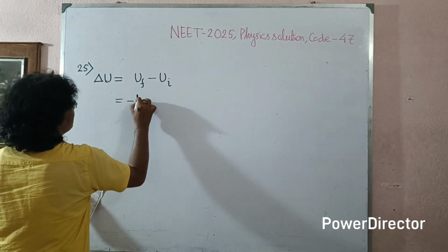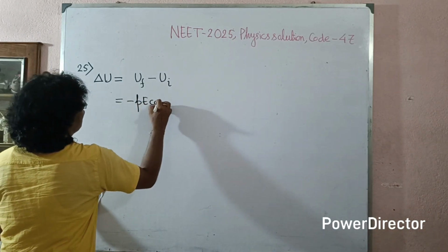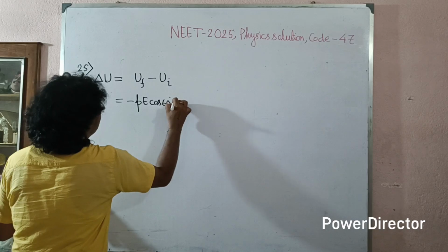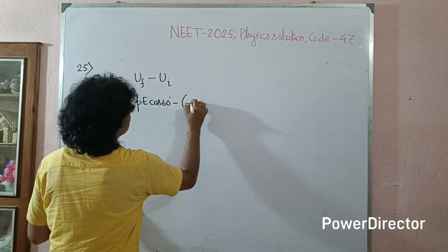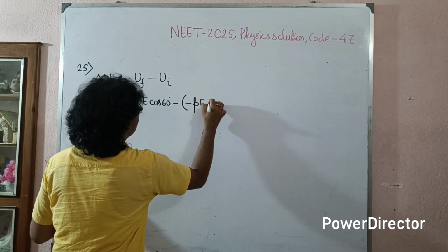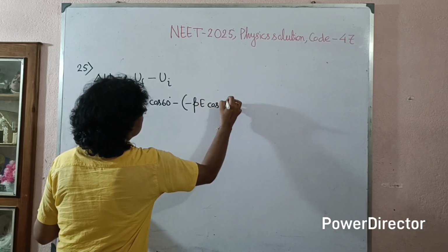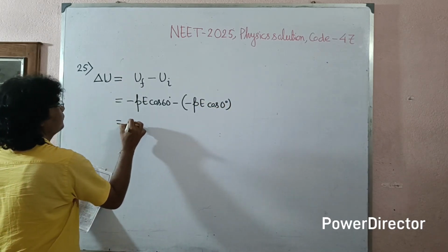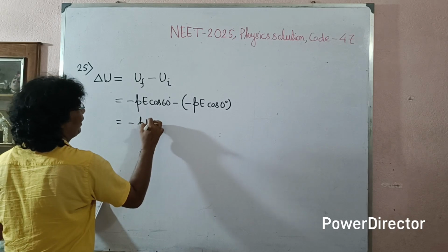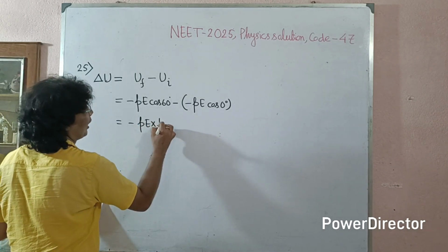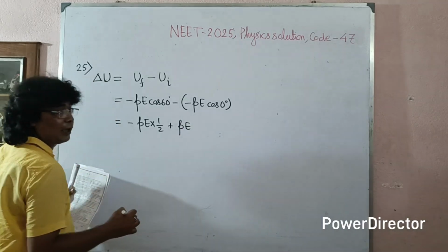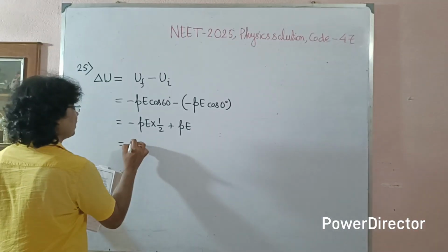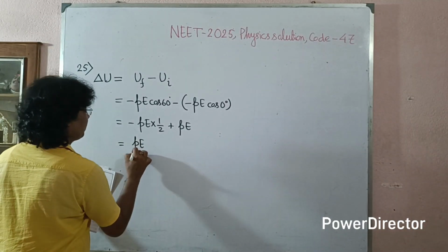So minus PE cos 60 degree minus initial potential energy minus PE cos 0 degree. That is minus PE cos 60 degree equal to half plus PE cos 0 degree equal to 1. That is PE by 2.